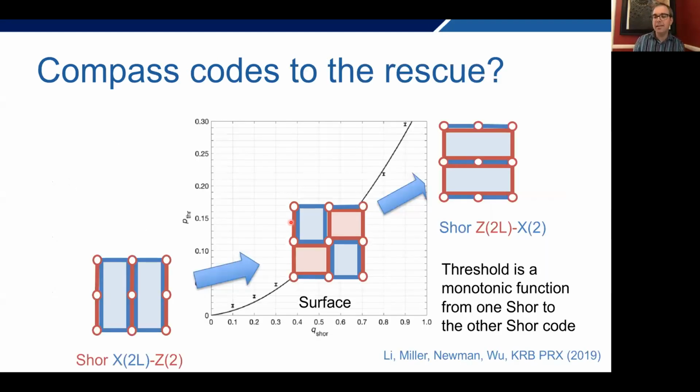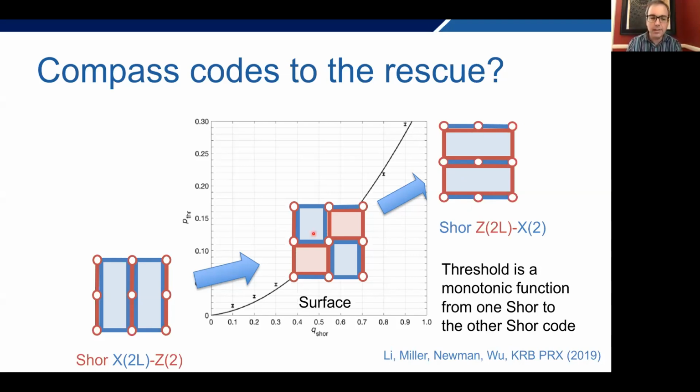So here's where I think compass codes can give us a little bit of a handle on trying to understand it. If I look at this Shor surface plot, again, this is for stochastic errors. The two ends: this end is the one which is the worst against Z-type errors and coherent Z-type errors, and this side is the best because it's just three repetition codes.